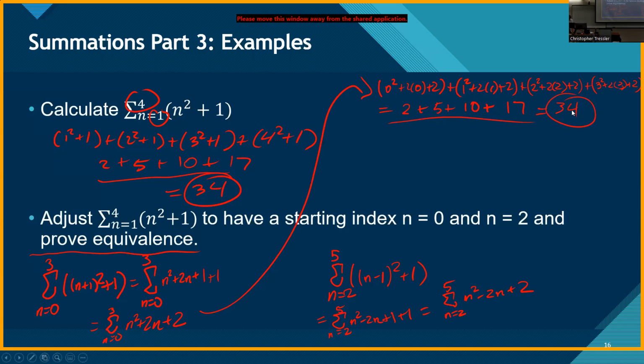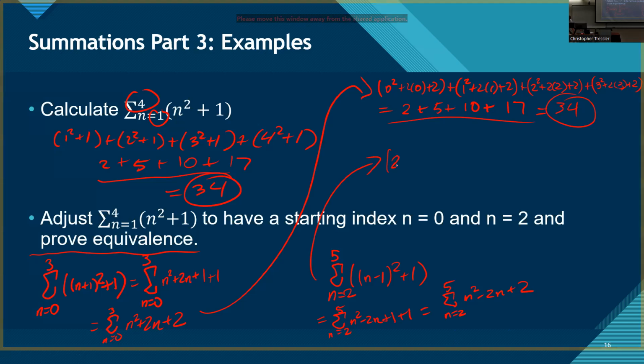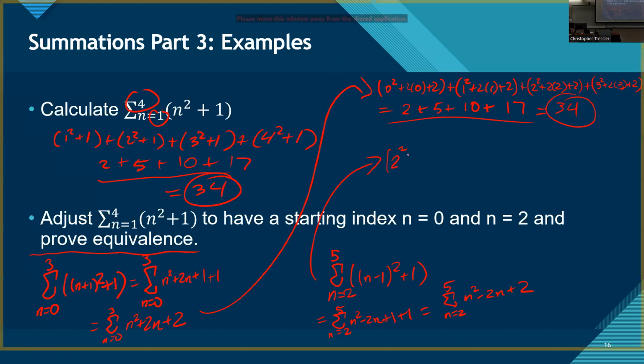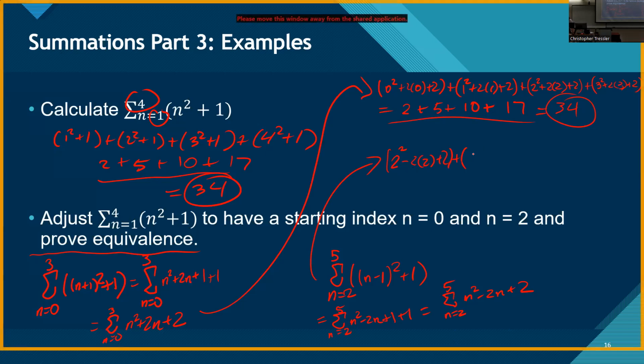And then if we were to do the same thing down here, I will write it real quick. Right here, we're starting with 2 this time, right? So 2 squared, or actually now minus, right? Then I go 2 squared minus 2 times 2 plus 2, plus 3 squared minus 2 times 3 plus 2, plus 4 squared minus 2 times 4 plus 2, plus 5 squared minus 2 times 5 plus 2.